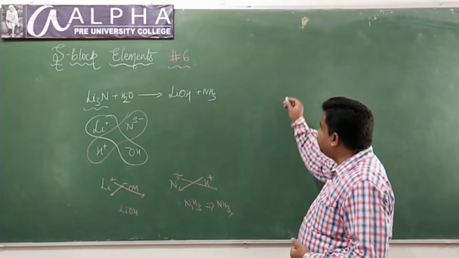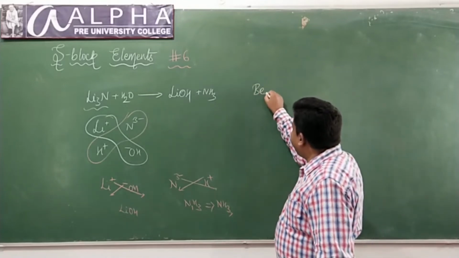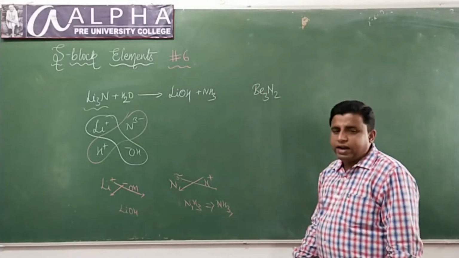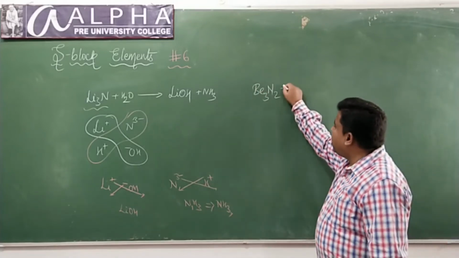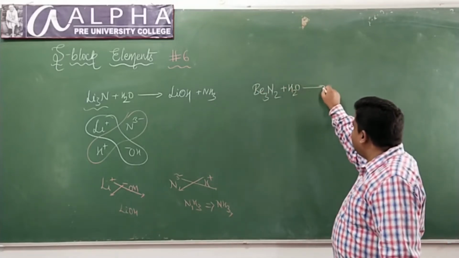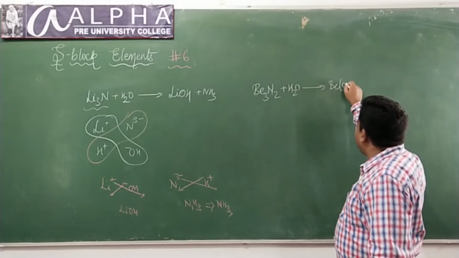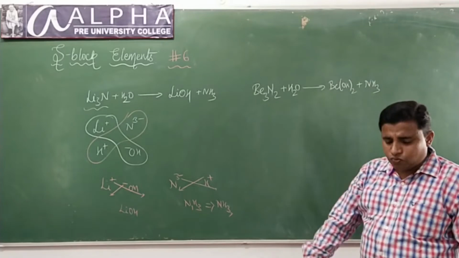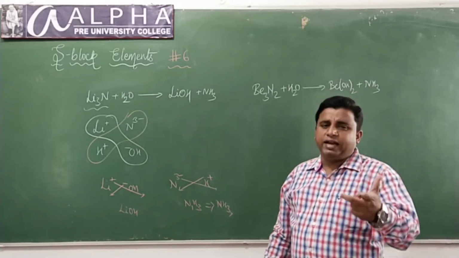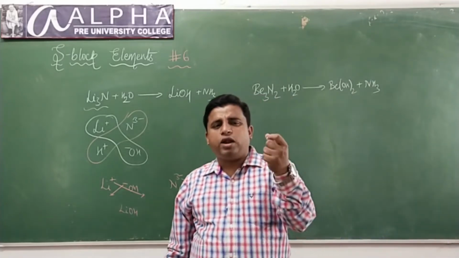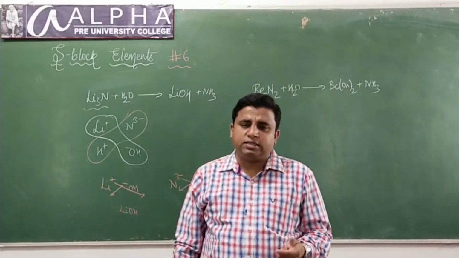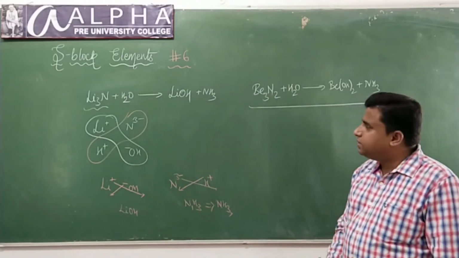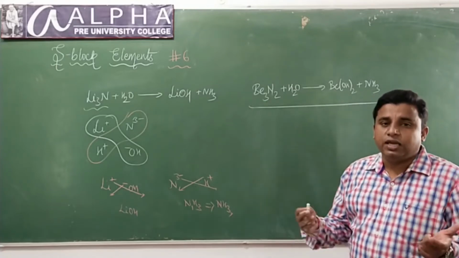About alkaline earth metals, look here, if I take beryllium nitride, what is the formula for beryllium nitride? Be3N2. Now hydrolyze this, again you get beryllium hydroxide with the liberation of which gas? Ammonia gas. Any nitride upon hydrolysis will liberate ammonia gas. Now how to remember this reaction in a simple way?